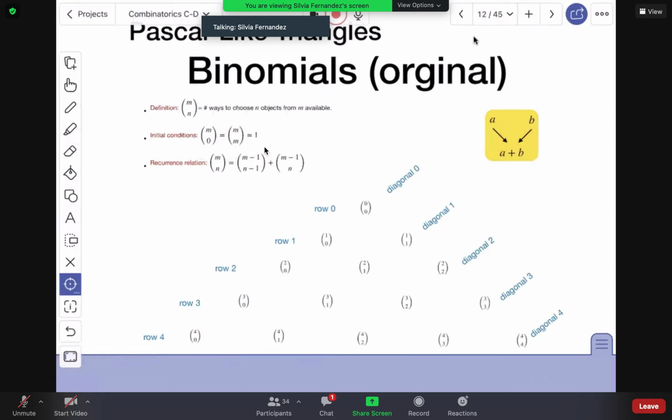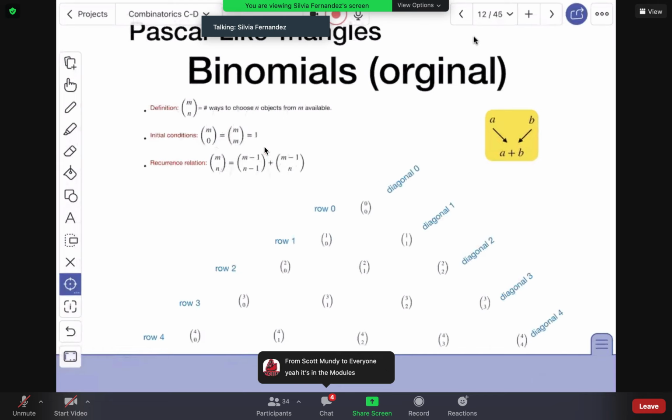our recursive formula. And the recursive formula is this: the number of ways of choosing n objects out of m is, you reduce your number of objects by 1, that's m minus 1 choose n minus 1, plus m minus 1 choose n.